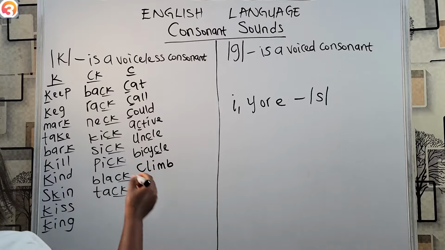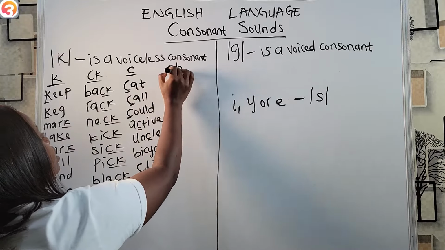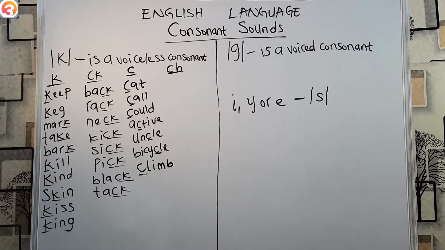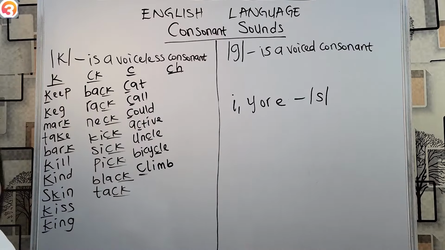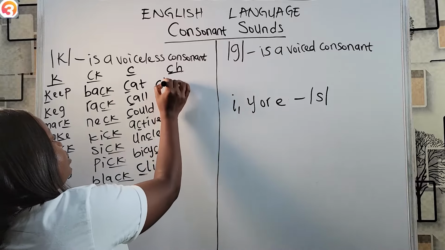We also have consonant K in words containing CH. Sometimes CH can combine in words to produce the K sound. Character, for example.